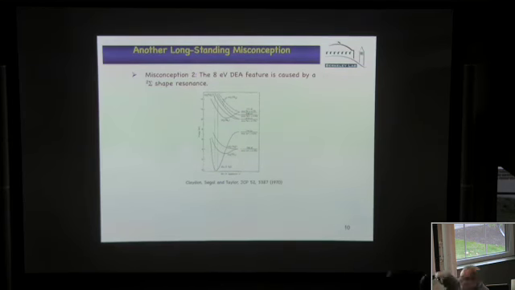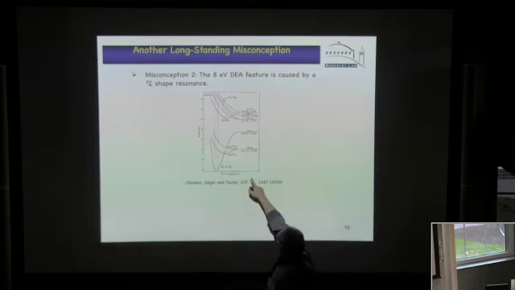The second misconception was that the 8-volt DEA feature, that's the prominent peak at 8 volts for dissociative electron attachment, was the result of a doublet sigma shape resonance. Here's an early paper, one of the first theoretical studies of this subject, by Clayton, Jerry Siegel, and Howard Taylor back in 1970. They used a stabilization method basically to get these negative ion curves.